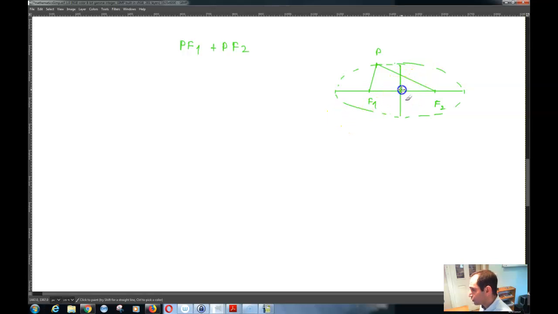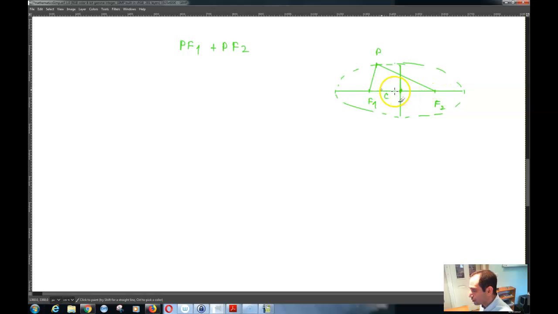So suppose that I take this distance as C. We said that this center over here is exactly between the two foci, meaning that this distance is equal to this distance.